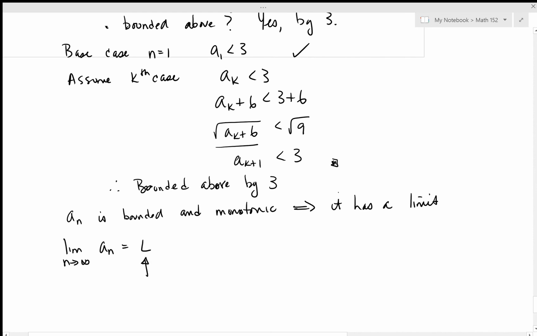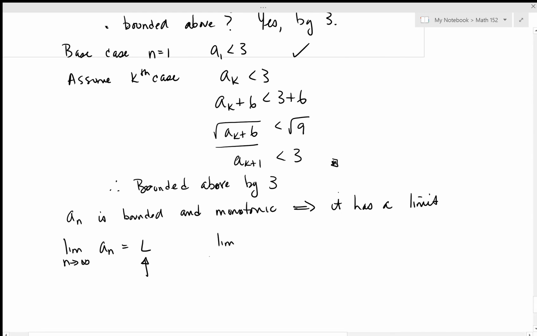I can't just assume the limit is equal to L. What if there is no limit? Then you've assumed into existence something that does not exist. But by doing this work above and using the monotonic sequence theorem, I have made absolutely sure there is a limit. Now I'm going to say, let that limit be L.